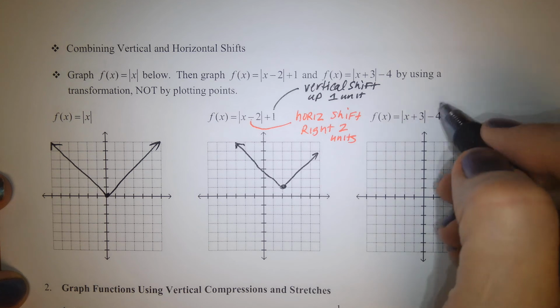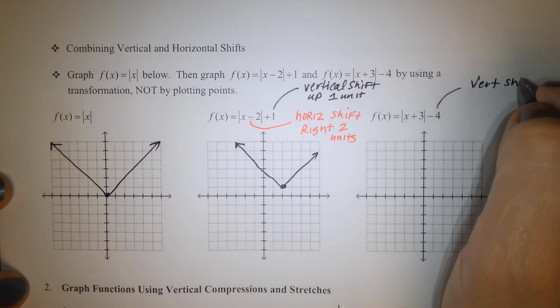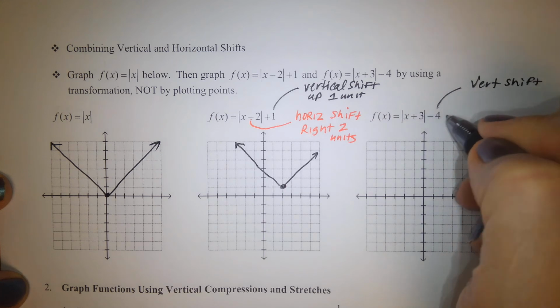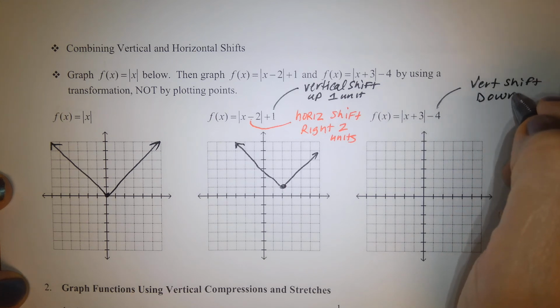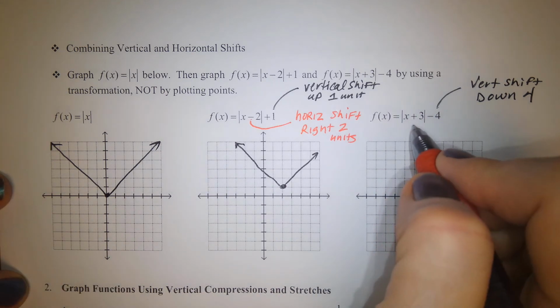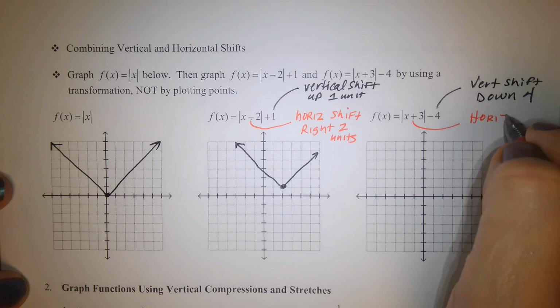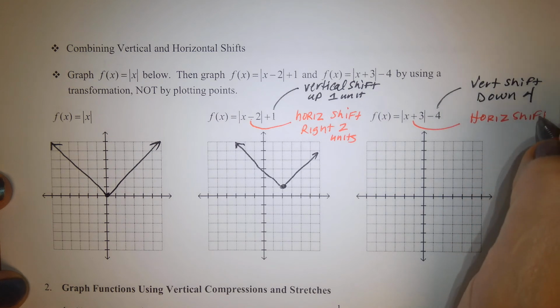What's happening over here? This again will be a vertical shift. Since it's -4, that means it will move down 4 units. Adding 3 on the inside of a function is a horizontal shift.